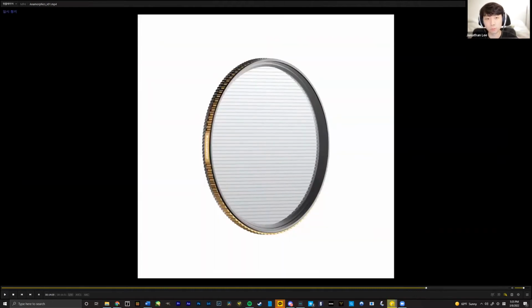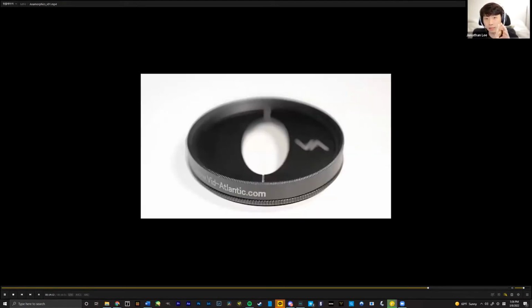And there are also streak filters that can do this, which go in front of the lens element. And there are also oval bokeh masks and anamorphic masks that you can put in front of the lenses to create the same effect.